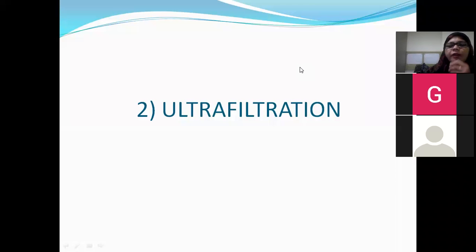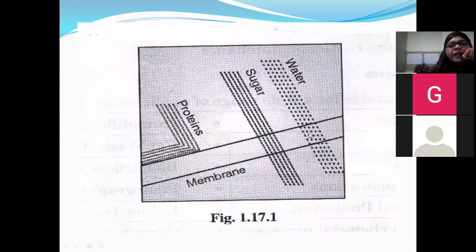So in ultrafiltration, just now we have seen in reverse osmosis that the membrane was set in the tank vertical, and the flow of the water was horizontal. But here in ultrafiltration, it is again going to be reversed. Here in this case, we will see that the membrane is horizontal and the flow of solvent is tangential, that is vertical.